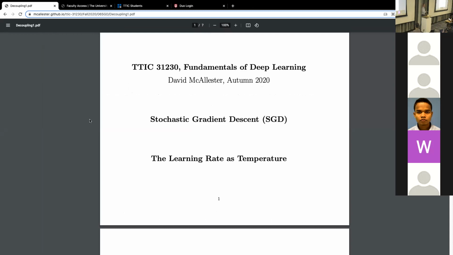The idea is that temperature is the really important hyperparameter. Your hyperparameters are parameters of your learning algorithm, not parameters in your model. Now, there are other hyperparameters, and the first thing I'm going to talk about is batch size. I'm going to try to analyze the interaction between batch size and temperature.